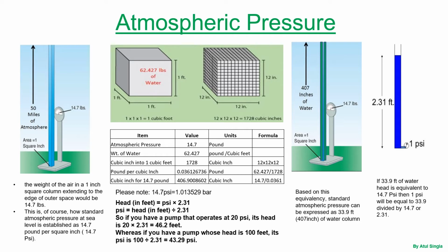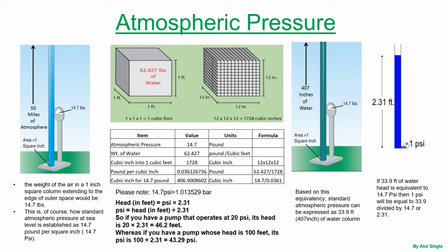Now we know this many pounds of atmospheric pressure is there, and this many pounds of water weight is there in a 1 inch cube, and if you divide these two factors, you can easily get the value in feet, right? So this many inches, sorry, not feet, this many inches will be equivalent to this much atmospheric pressure. And if you convert these inches into feet, you will get 33.9 feet of water head is equivalent to 14.7 pounds.